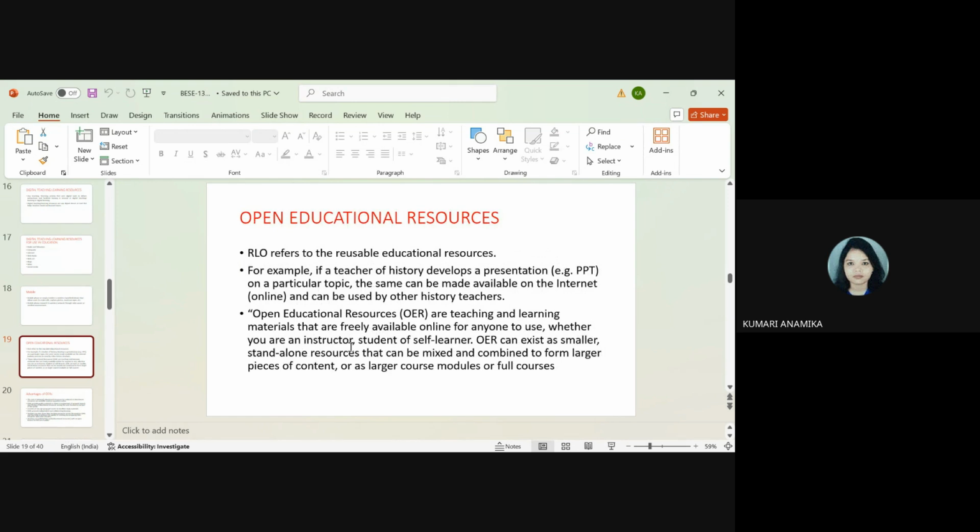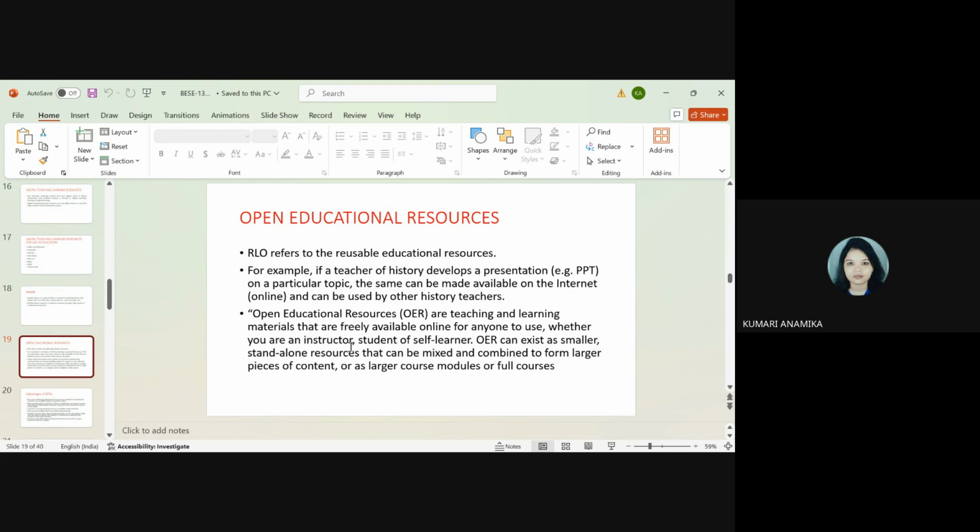Next, we will discuss open educational resources. Okay, open educational resources. See, on the internet you will find there are so many educational resources which are free, there is no restriction, you can easily go and use those resources.